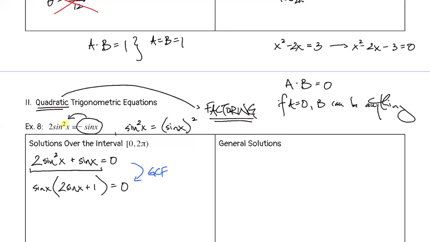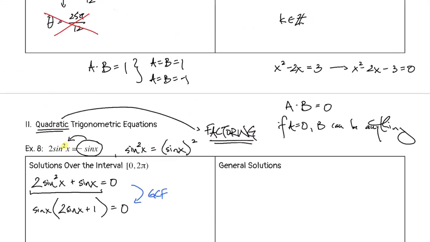What else could A and B be equal to? I love it. A could equal B, which could be -1, right? Okay, what else? Okay, you could have A equals 1/2, B equals 2. That would work. I love it. What else?